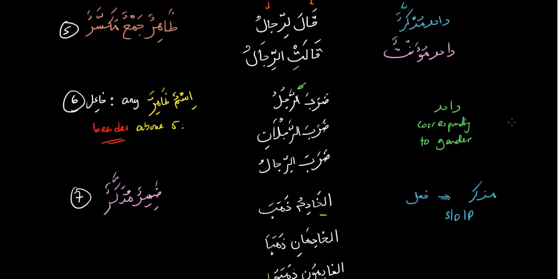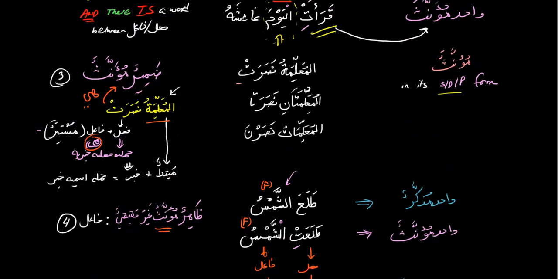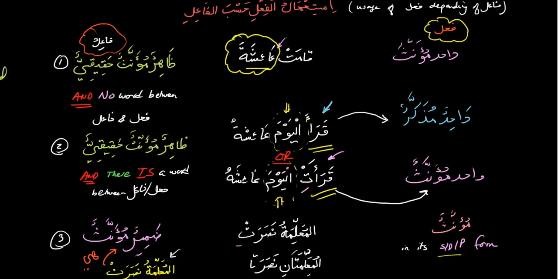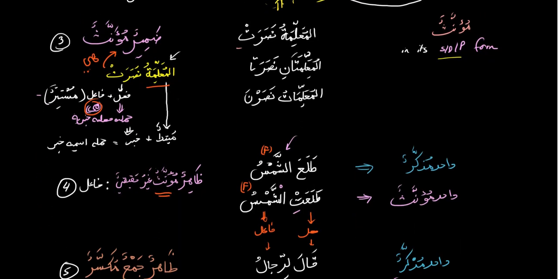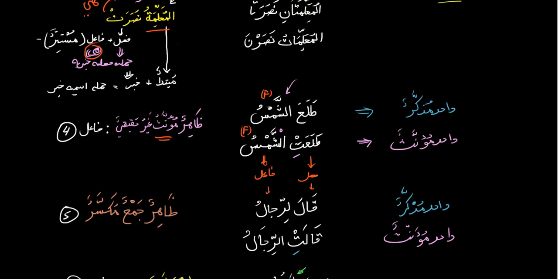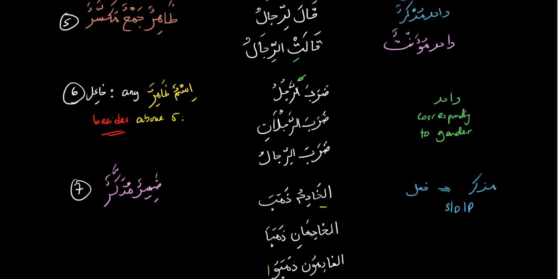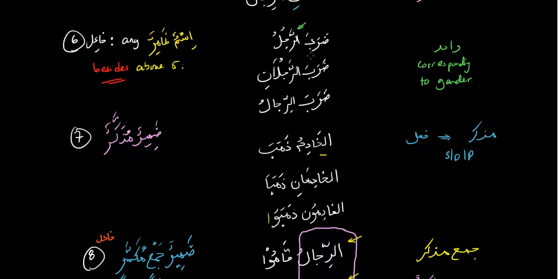Then, if the fa'il is any ism zahir besides the above five, which were ظاهر حقيقي, ضمير مؤنث, ظاهر مؤنث غير حقيقي, ظاهر جمع مكسر, then the fi'l will be واحد corresponding to the gender. ضرب الرجل, ضرب الرجلان, ضرب الرجال.